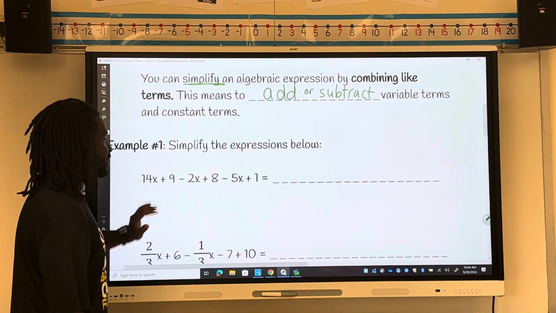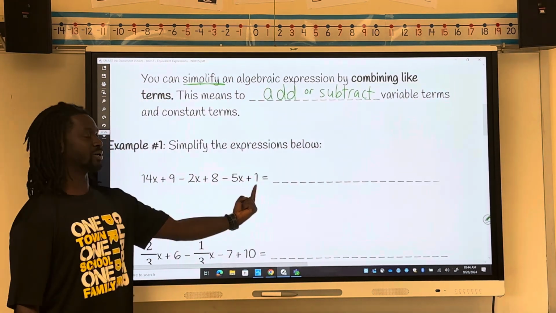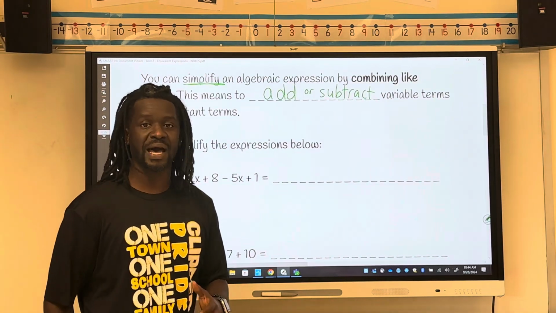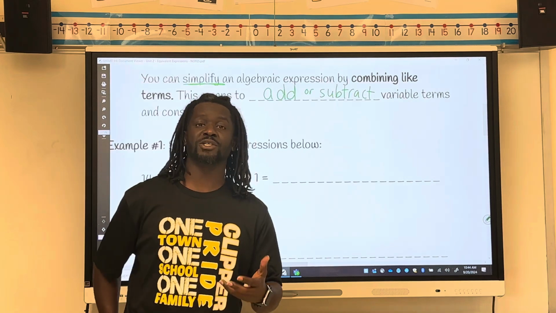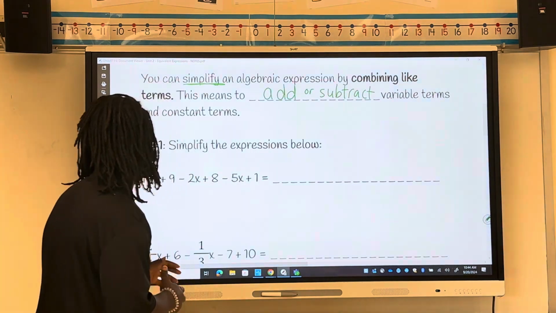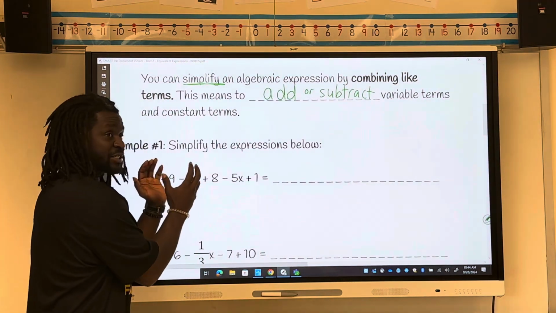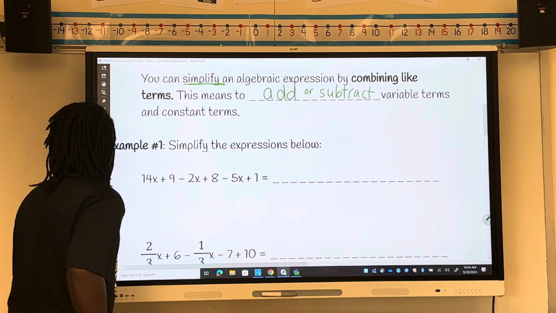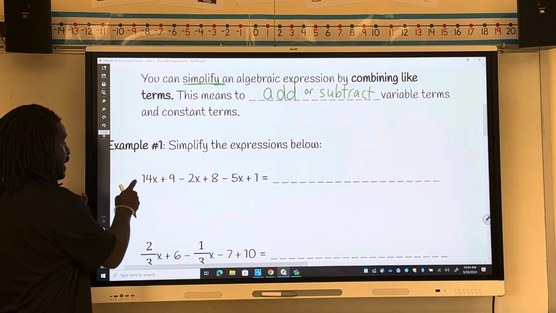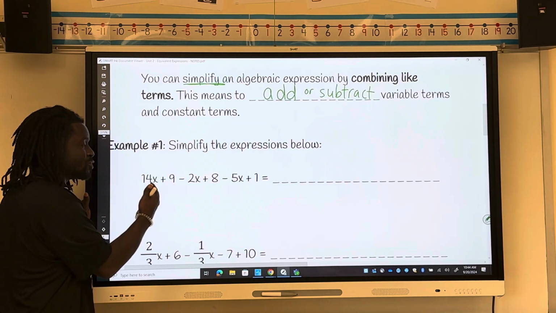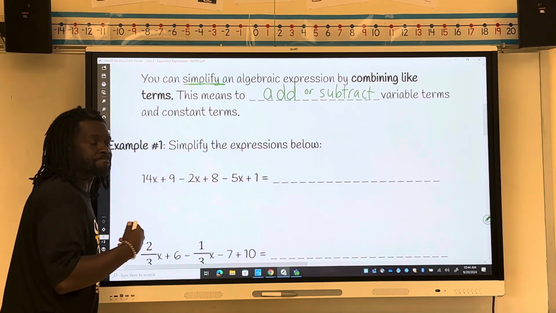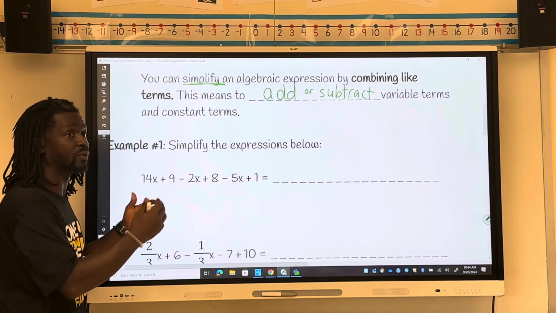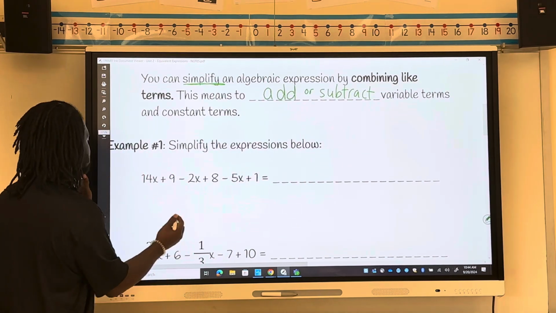The first thing I have to do with this really long expression is identify the like terms. Like terms either have the same variable or are constants. You don't have to circle it; you could put a square or a triangle around it, but I'm always going to circle the first variable term.